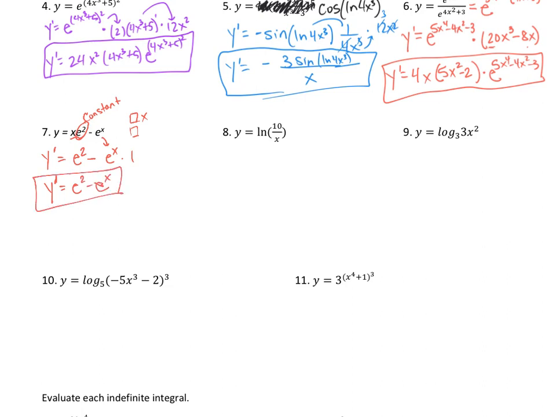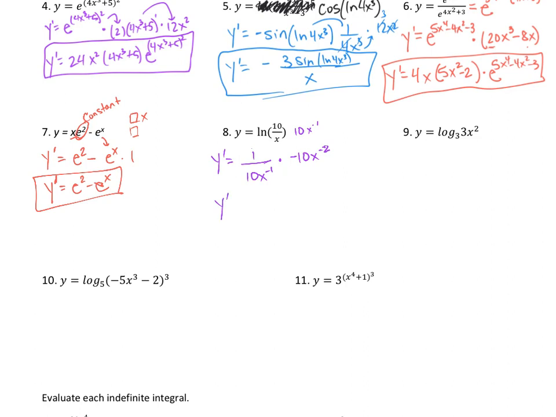Okay, next problem. Over here, we end up with y prime equaling, now think of it as 10x to the negative 1. So the derivative of the natural log will be 1 over 10x to the negative 1 times, this will be negative 10x to the negative 2.